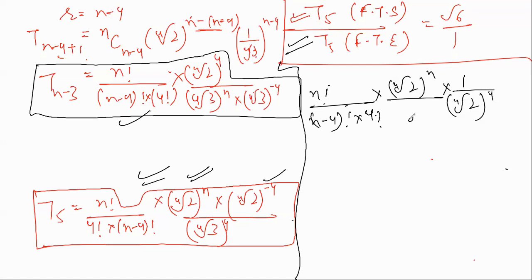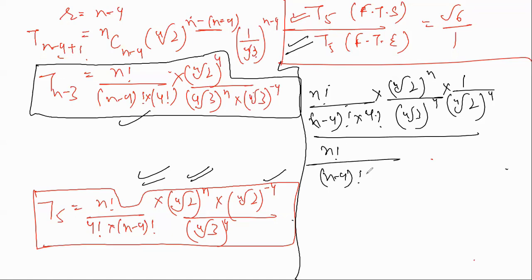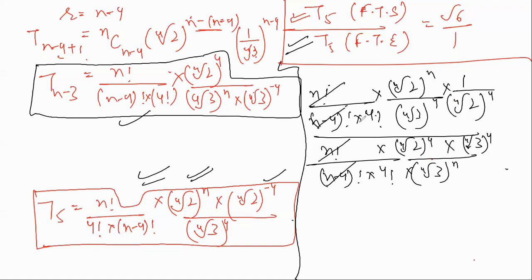Then this one divided by t5 from the ending, and the negative power becomes positive by reciprocating it like this.